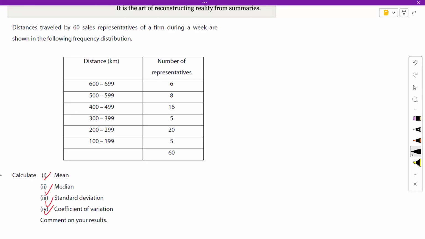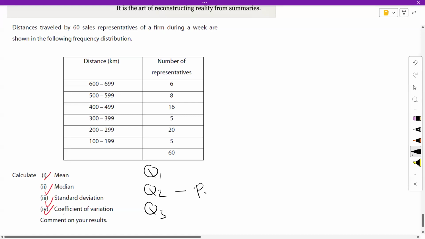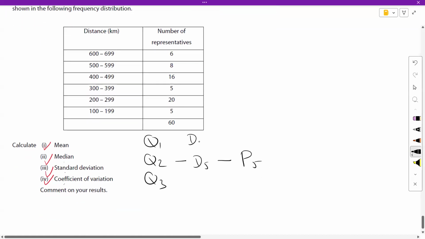The question is: calculate the mean, median, standard deviation, coefficient of variation, plus calculate Q1, Q2, Q3 and D5 and P5, and calculate D3 and D6 and P75 and P25 and P15 and P90.